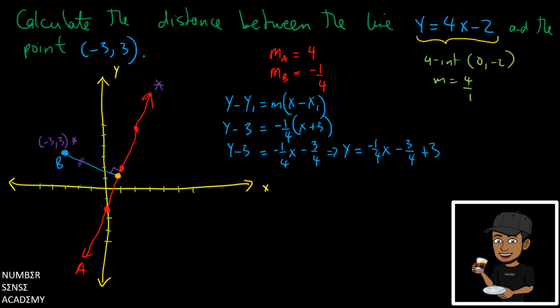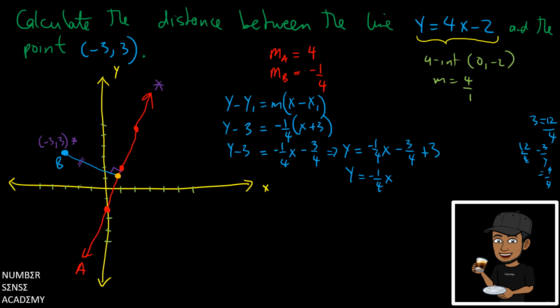And 3 is equal to 12/4, and then 12/4 minus 3/4 equals 9/4.